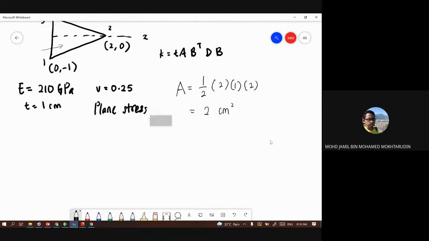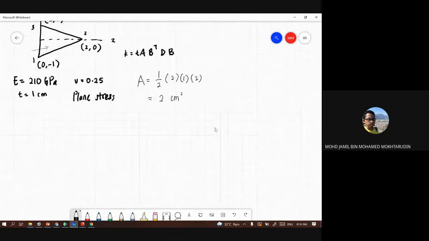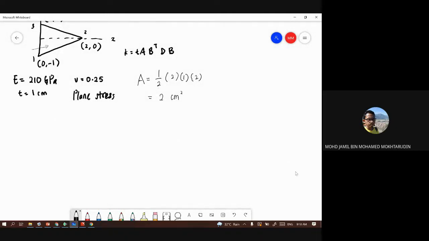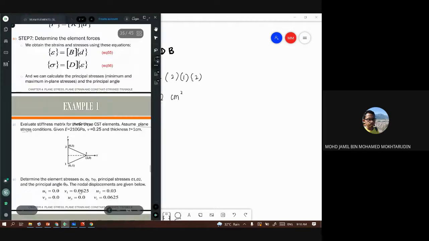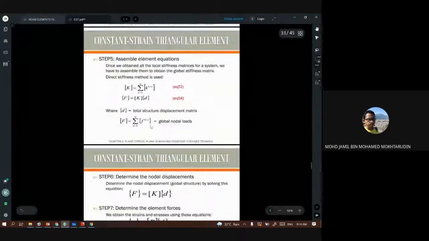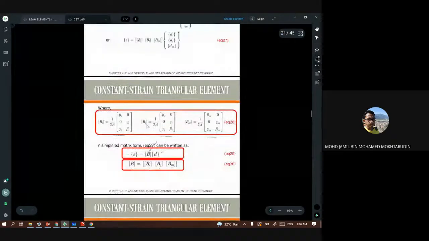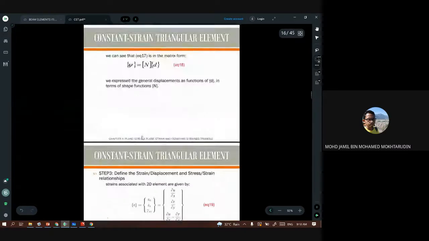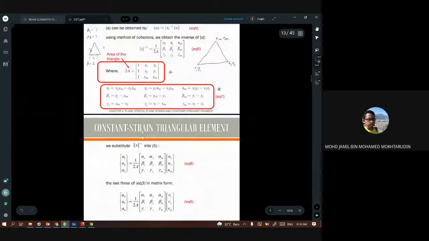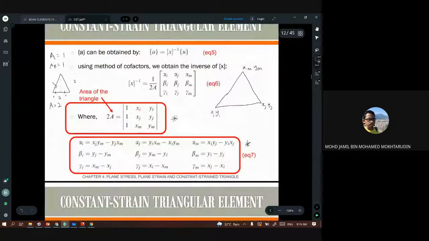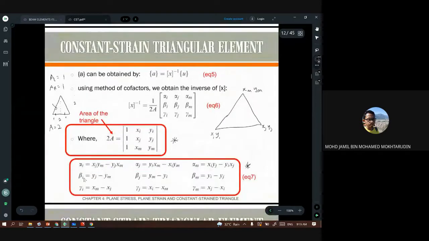Then we can assemble our matrix B. So we need to go back to the formula for matrix B. The formula for matrix B is this, but we have to find beta and gamma. Beta and gamma can be found using this formula: beta I equals yj minus ym and so on.